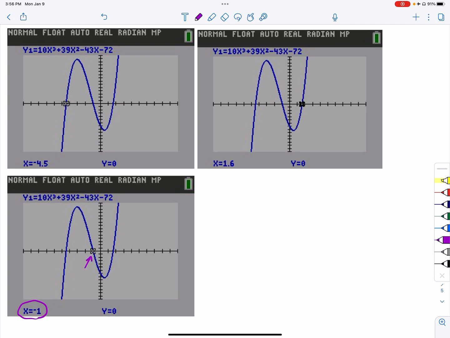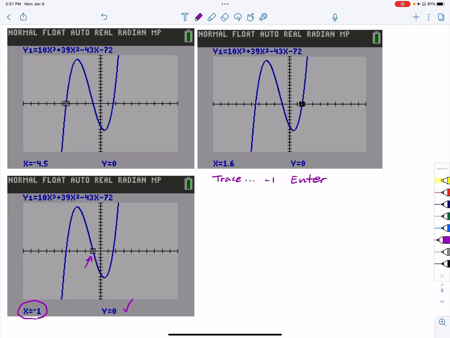I'm talking about the trace feature on your TI-84 or TI-83 graphing calculator. You want to hit trace, and then after that you hit -1, enter. And that'll show you a 0, meaning you're right on the x-axis.